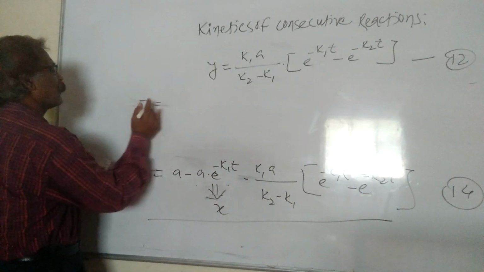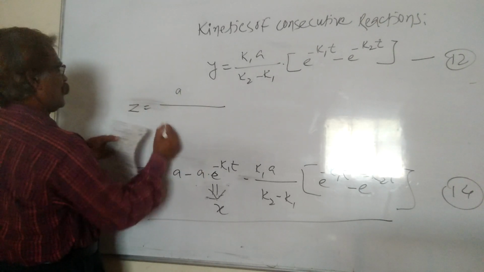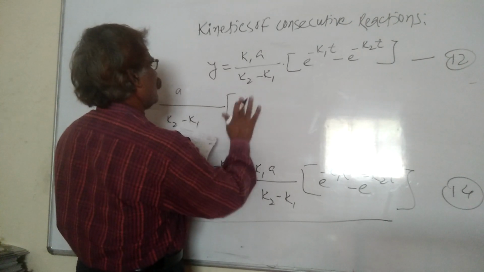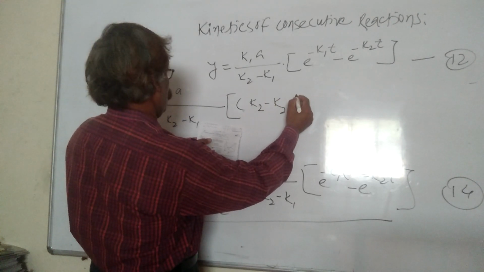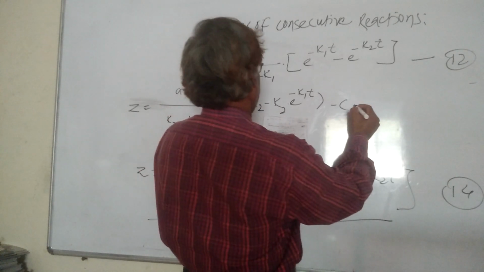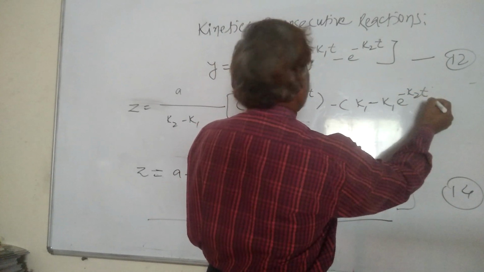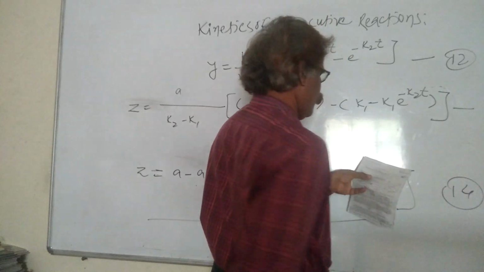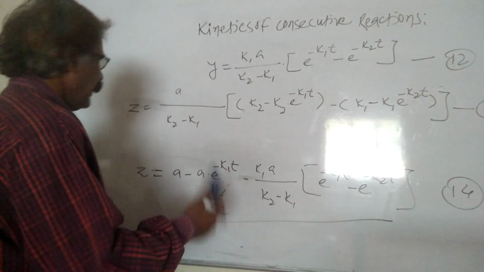Z is equal to a upon k2 minus k1 in square bracket, simple bracket, k2 minus k2 into e to the power k1 into t minus, in another bracket, k1 minus k1 into e to the power k2 into t, small bracket closed, square bracket closed, equation number 15. So in this way we have seen expressions for x, y and z.